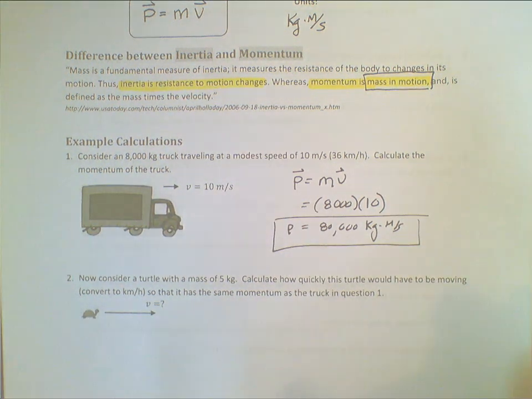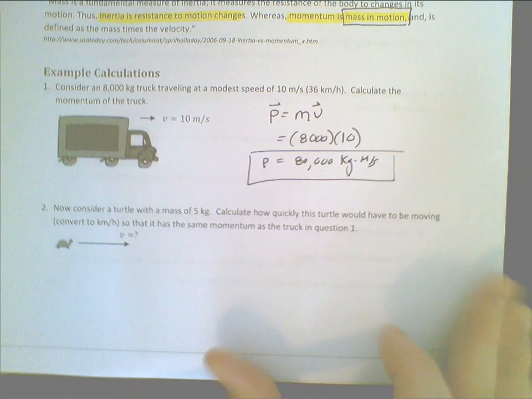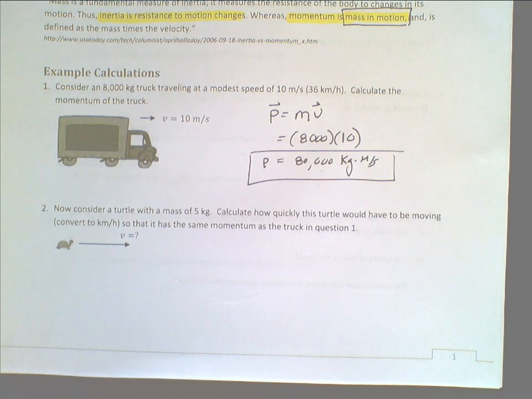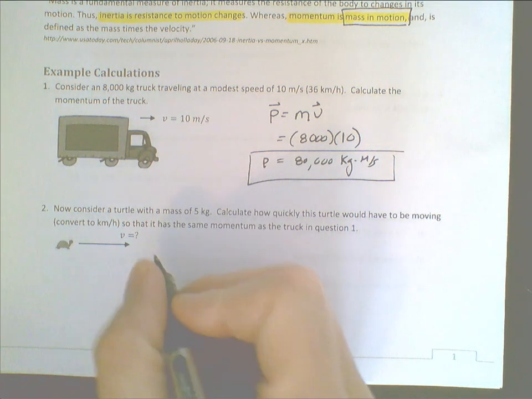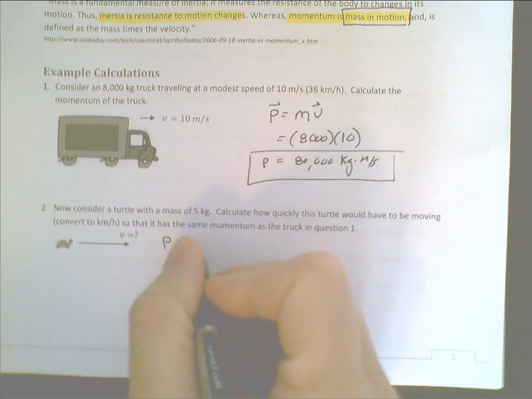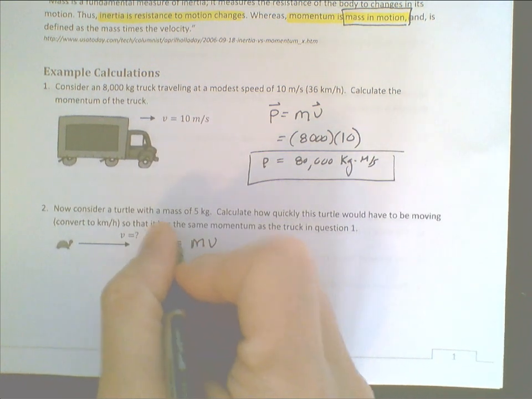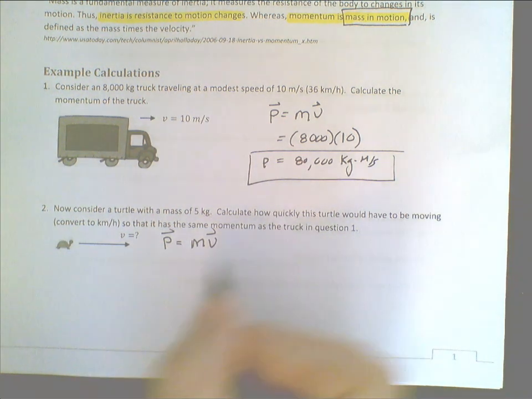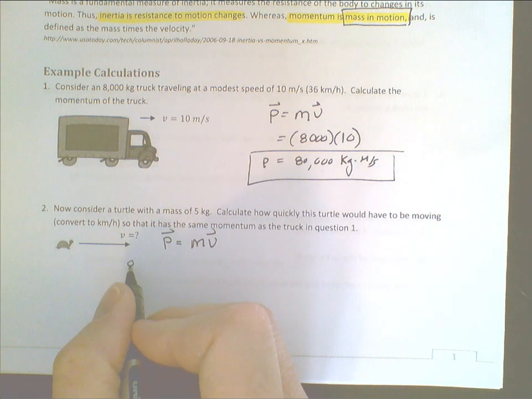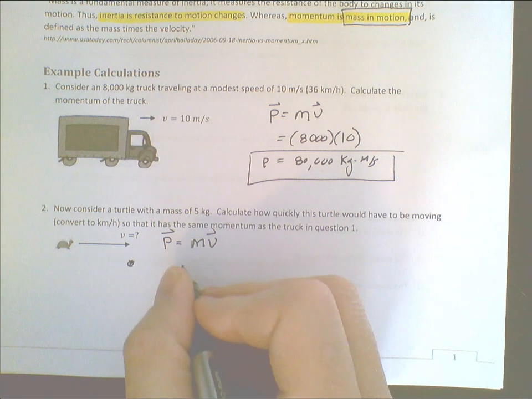Okay, pretty straightforward. Now consider a turtle that has a mass of 5 kilograms. How fast would it have to move so that its momentum would be the same as the previous question? So this is the momentum of the turtle. I'm going to rearrange it first.